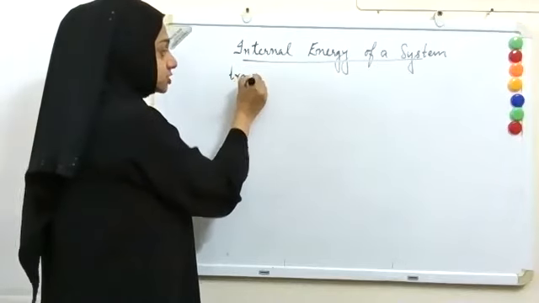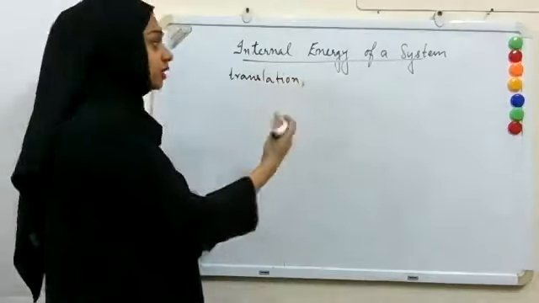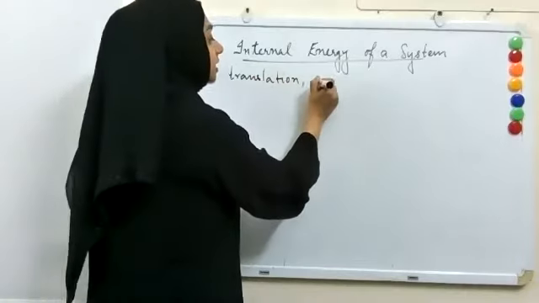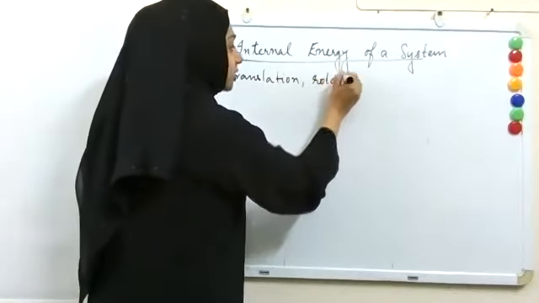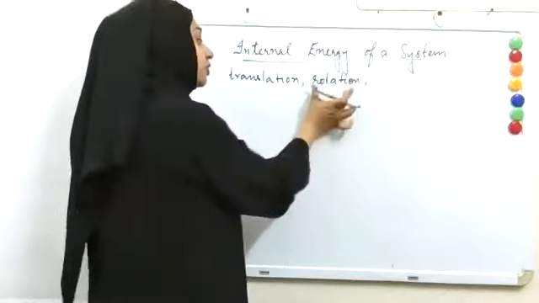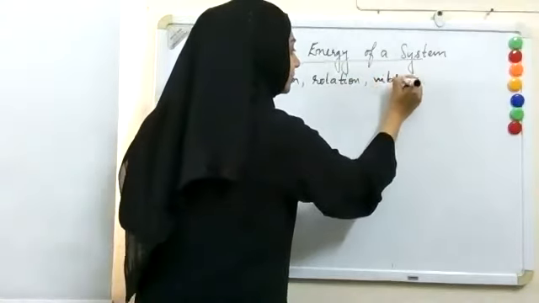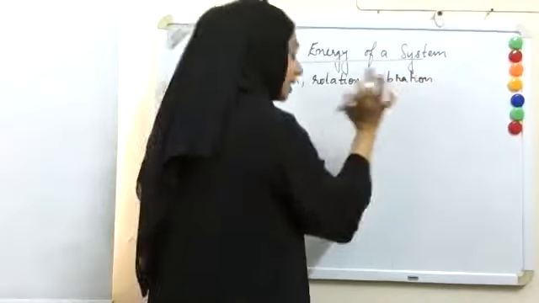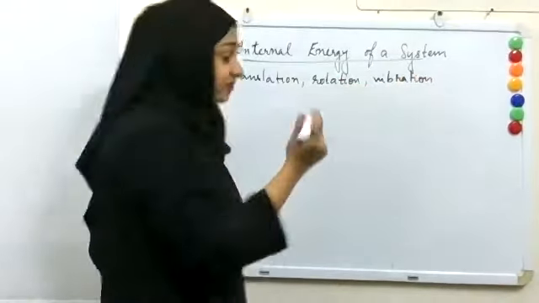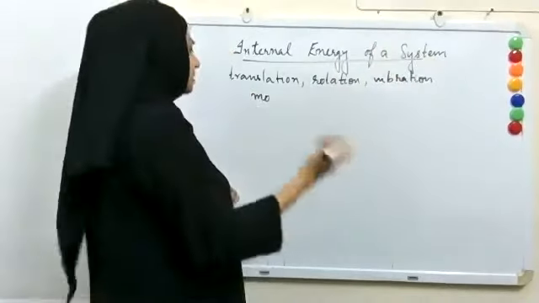That is translation. If you consider gas molecules, they have translation, then rotation. When you consider gases and liquids, both have rotational motion and vibration. So it's due to translation, rotation, and vibrational motion of whatever can be there in a system, which is any matter.